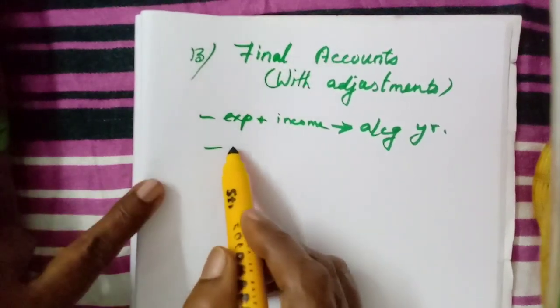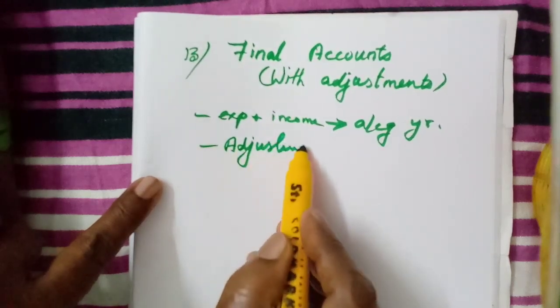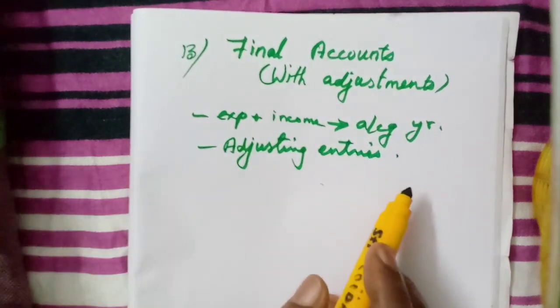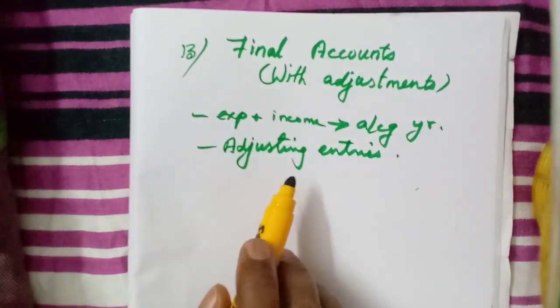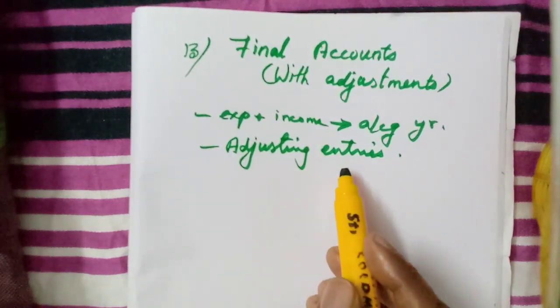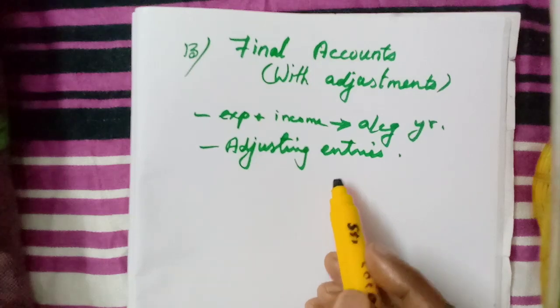They are called the adjusting entries. So we have to prepare the adjusting entries and we have to post these adjusting entries to the final accounts in the financial statements.